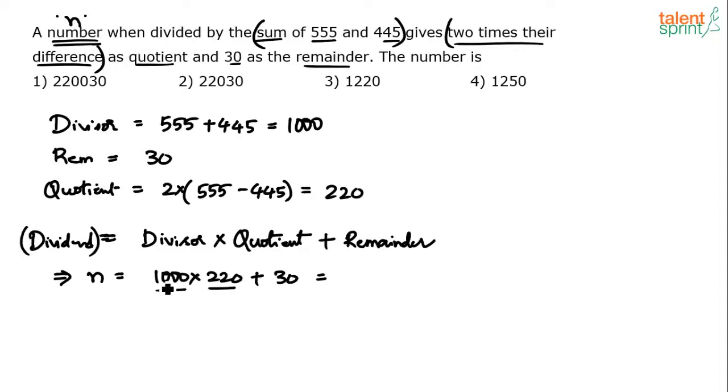So 220 into 1000 is 2,20,000 plus 30, 2,20,030. Option 1. All the others are useless, not even in the range. Option 1 is the answer.